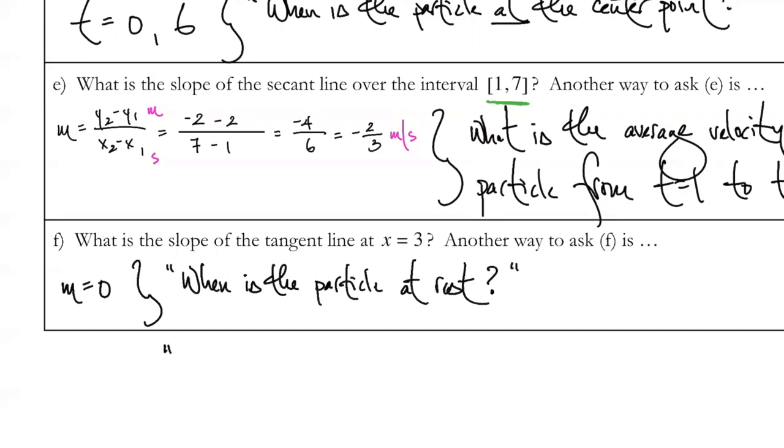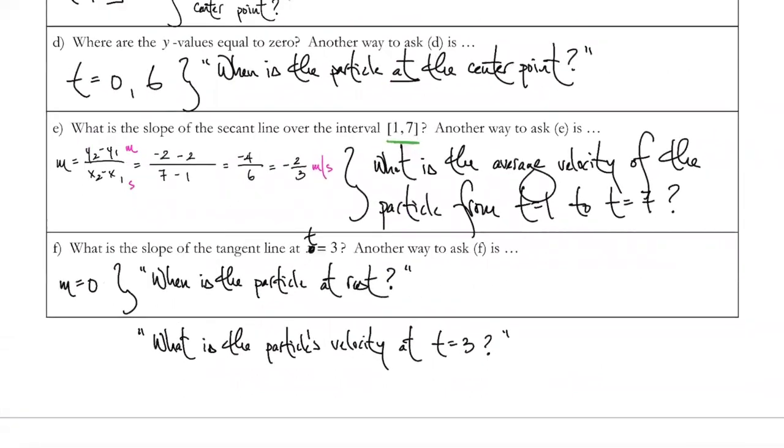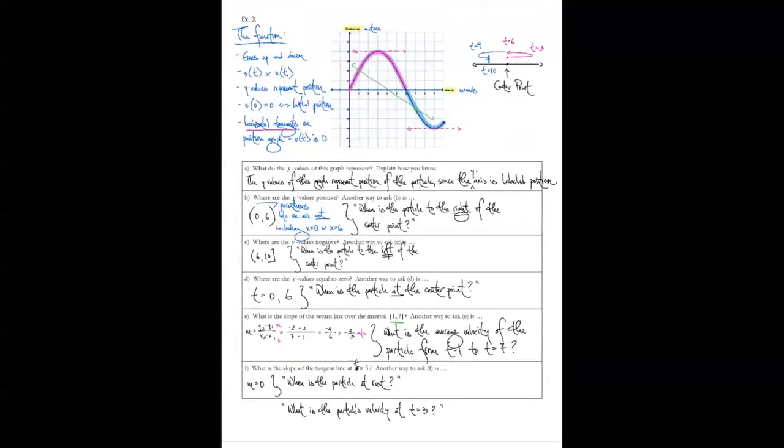Another way to ask this question might be, what is the particle's velocity at 3 seconds? Since it's a position graph, you can just say the velocity is going to be the slope there. It happens to be the top of a bump, so we know that slope is 0. Let me squeeze this all on one page here.